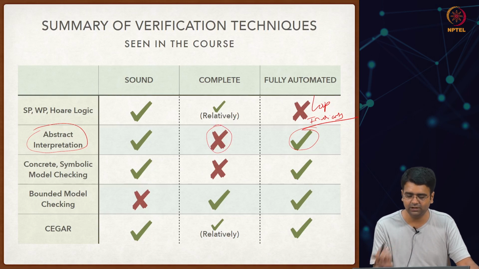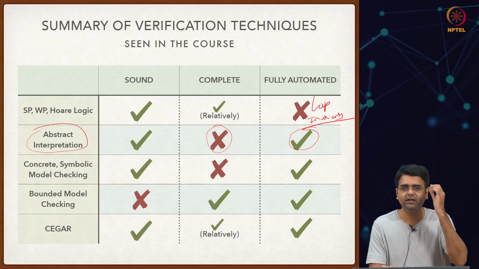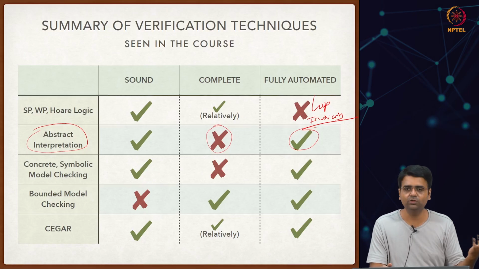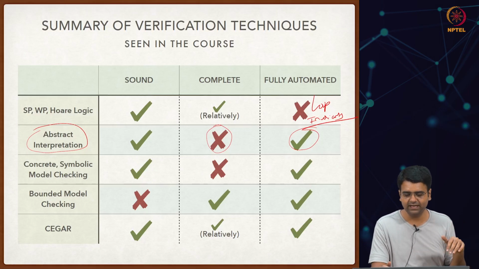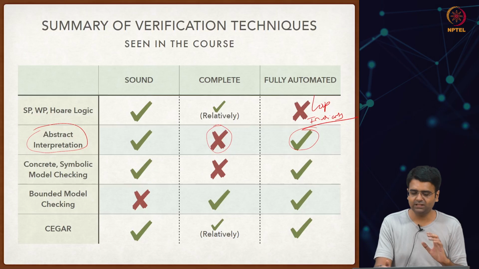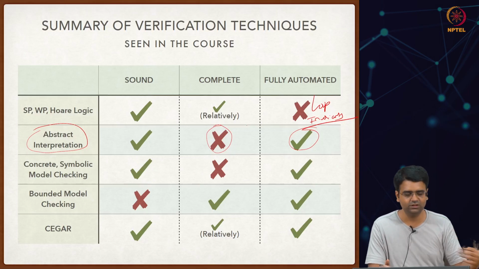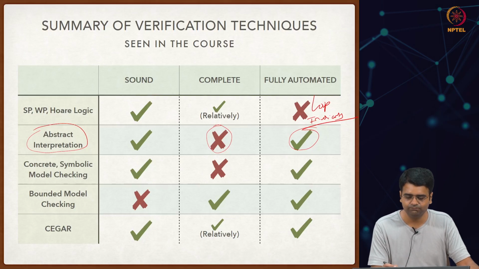The reason it may fail is because the abstract domain is not precise enough, if the abstract domain is not powerful enough to capture what it is that you want to capture. If you are not able to capture the executions of the program or the properties that are required to show that some specification is true, then abstract interpretation is going to fail.